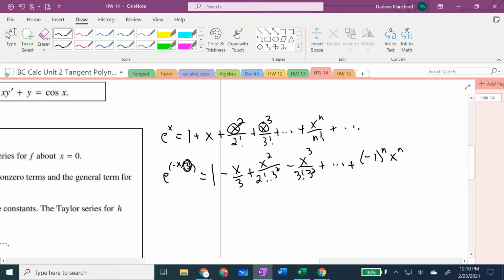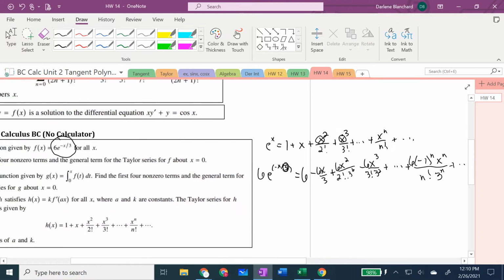The divided by 3 will show up as divided by 3 to the n, and then I still have that n factorial. Then when I multiply by 6, it's just going to multiply across the board. And there we go.